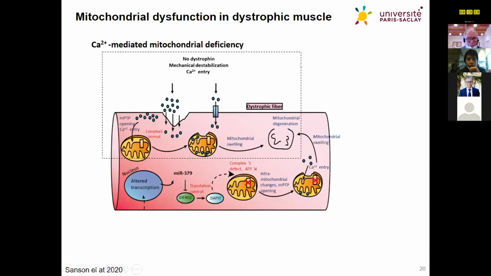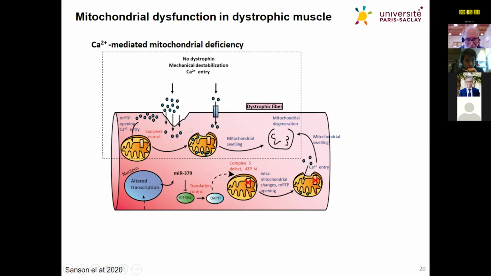So in the dystrophic muscle, there are many changes in the dystrophic fiber. We have leakage in the sarcolemma because of the absence of the dystrophin gene, and so the calcium gets through.